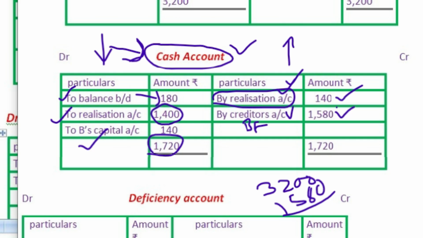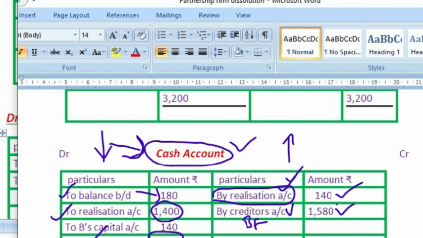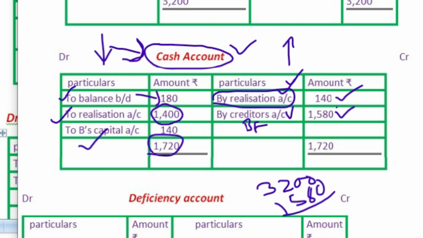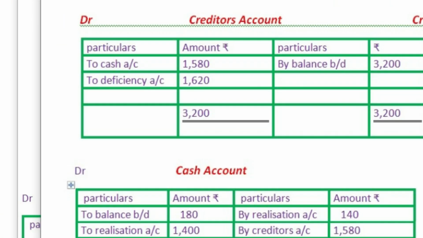So this 1580 rupees you will find in the creditors ledger account. Let's see here. So here creditors balance b/d 3200, and the cash to be calculated in the cash account.